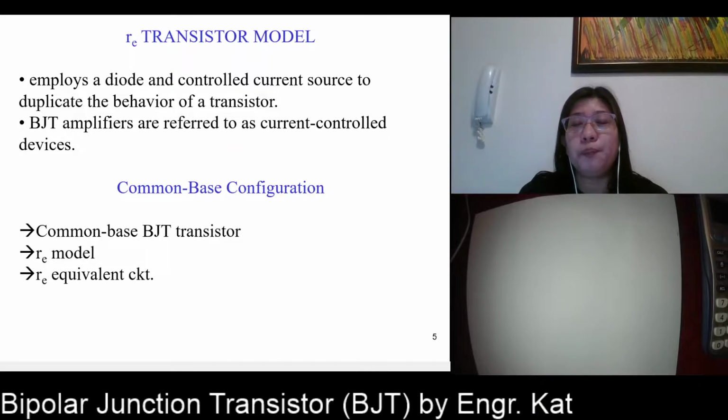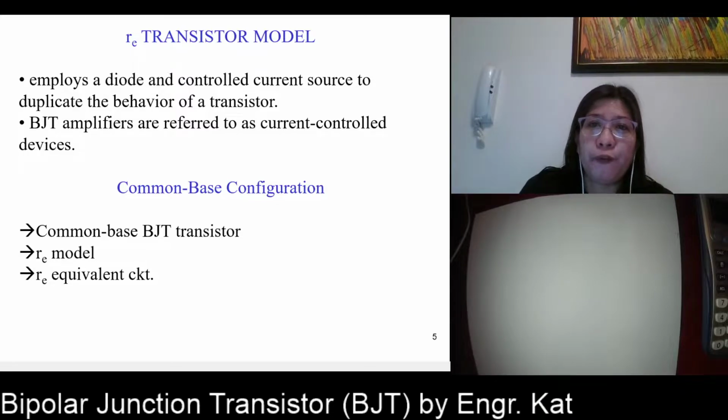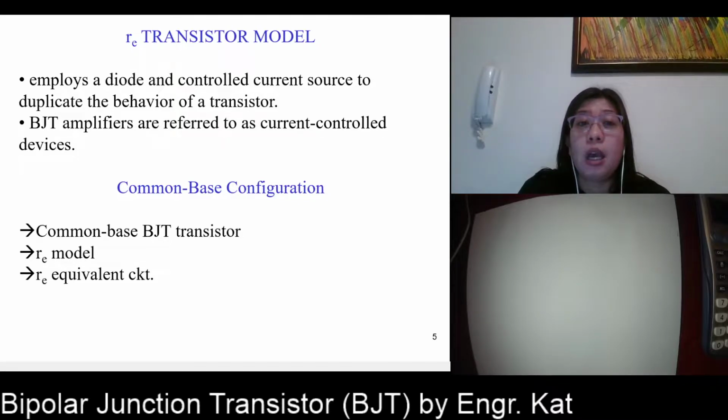In circuit analysis, we have a current source and we have a controlled current source, which means that the current flowing across that current source is controlled by another current from another part of your circuit. BJT amplifiers are referred to as current controlled devices. That's why in their transistor model, we can see a controlled current source in the symbol.